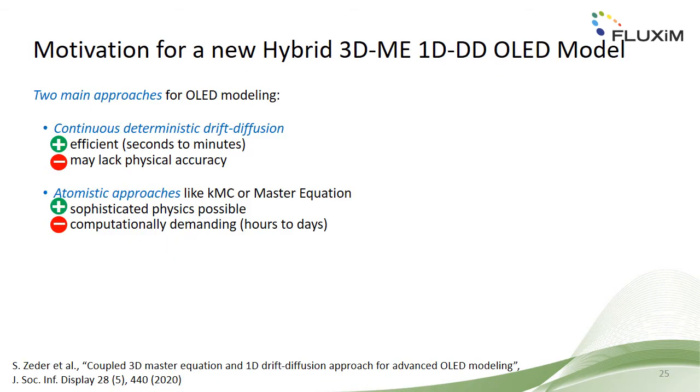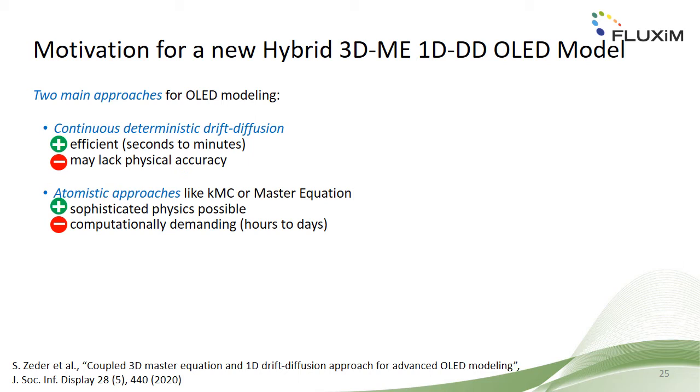Now I would like to introduce a new hybrid 3D master equation 1D drift-diffusion OLED model. And to motivate that, I would like to summarize the two main approaches for OLED modeling electrically. There's one approach called the continuous deterministic drift-diffusion approach.